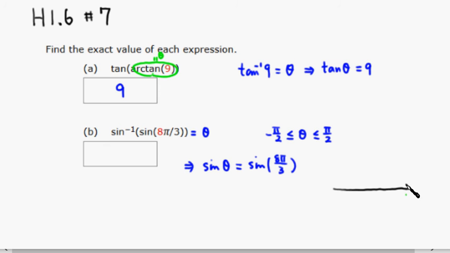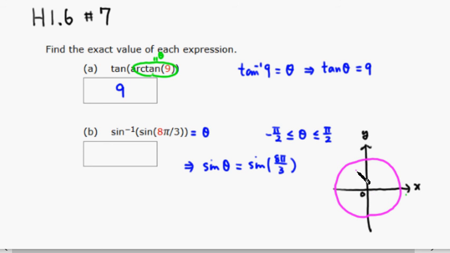Let's draw a picture, and maybe do a unit circle thing. So draw a unit circle. 8 pi over 3 would be, let's see, 6 pi over 3 is 2 pi, so you go all the way around once.